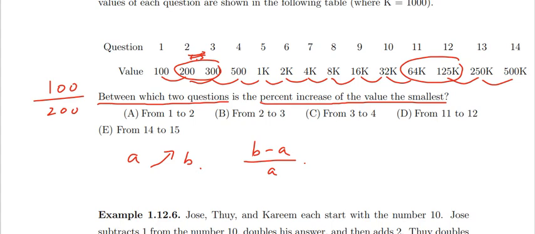So this one increase is 50%. Okay, and how about this one? This one 64 to almost multiply by 2. So from here to here, almost doubled, but a little bit less than double. So we find from here to here is the smallest.